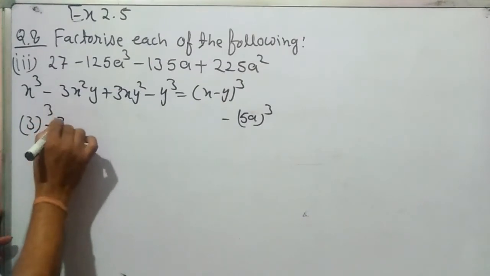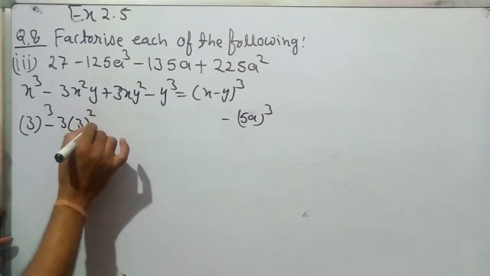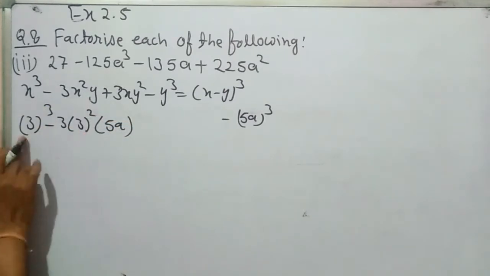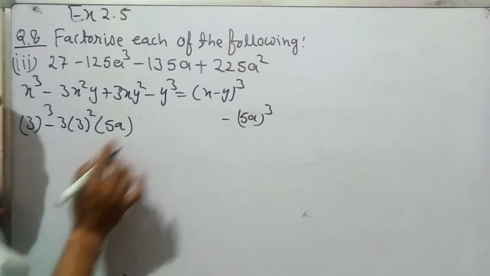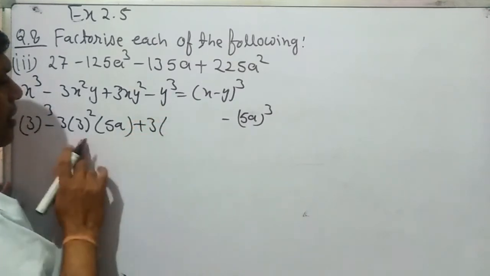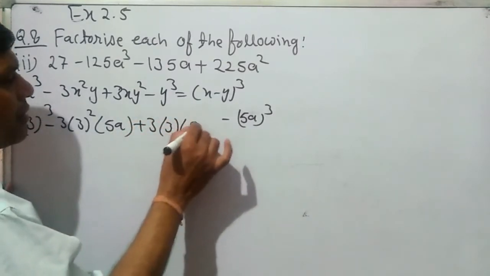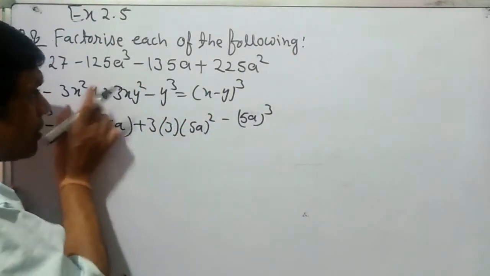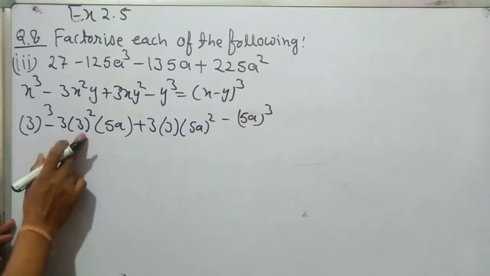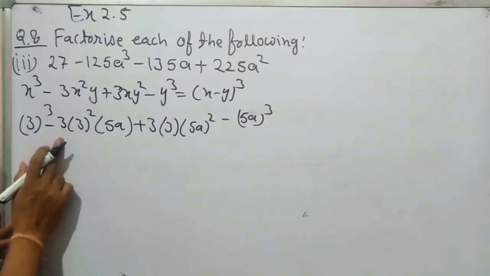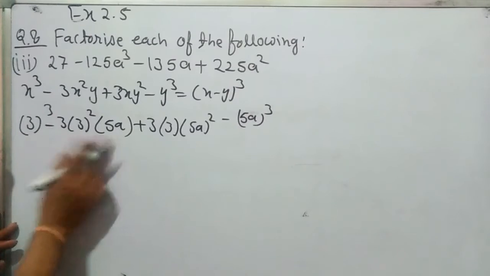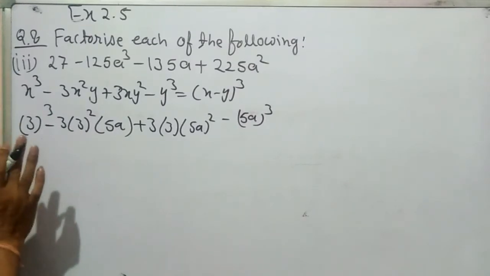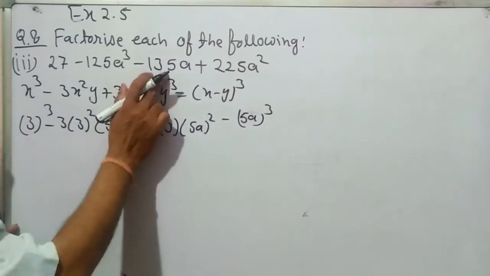That means minus 3 x square into y, 3x square y, plus 3x y square. Does that fit all the two parts? Confirm it. That's 9. 9 into 3 is 27. 27 into 5, that is how much? 135.